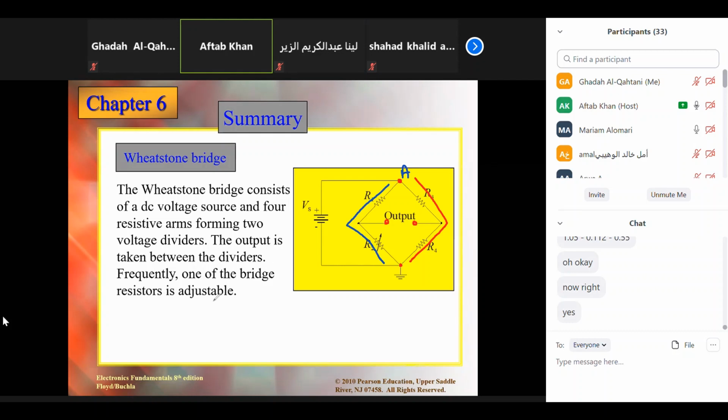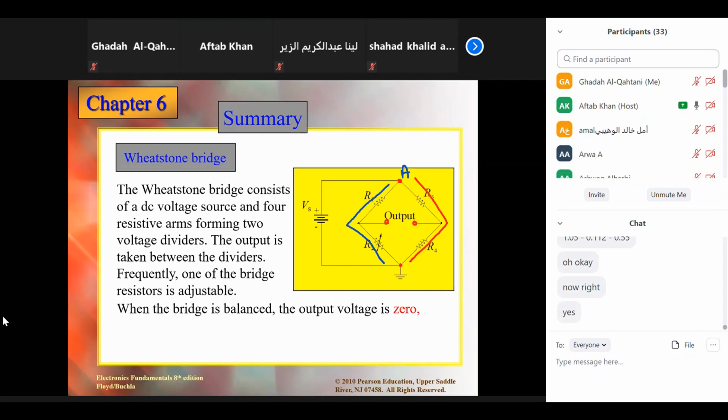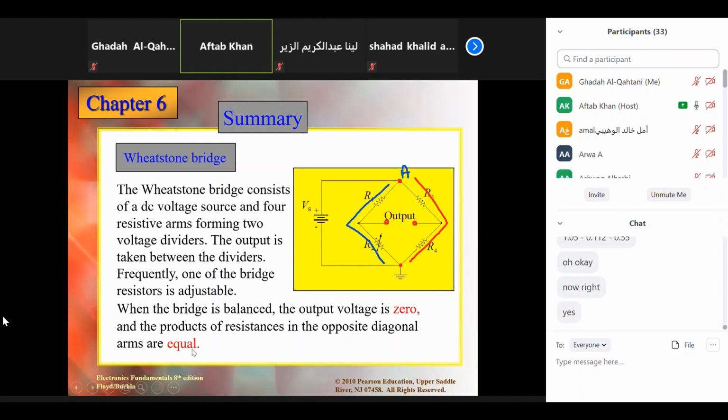Frequently, one of the bridge resistors is adjustable, meaning it is variable. When the bridge is balanced, and this is an interesting fact, the output voltage is 0. So what is the meaning of balance? Under which condition will this bridge be in balance? The balance condition says the products of the resistances in the opposite diagonal arms are equal.